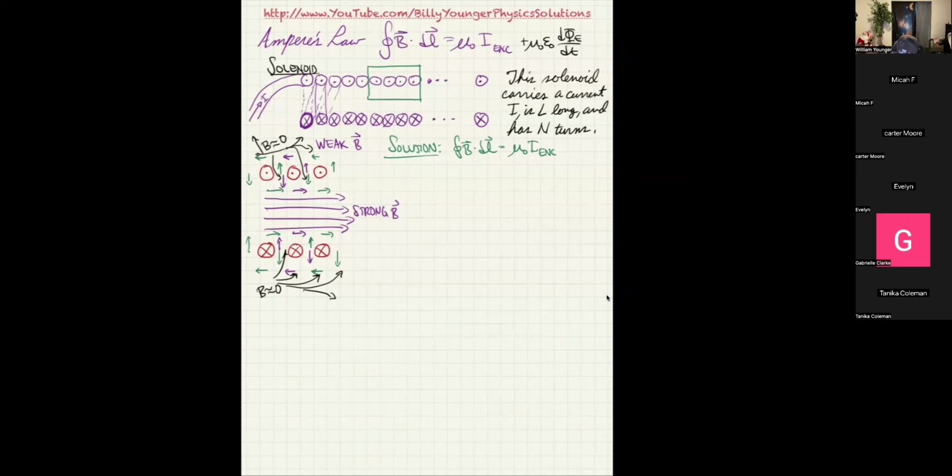Okay, so that's what we're using here. So if we looked at the density of lines, that would be the density of turns, equal to lowercase n, which looks reasonably stacked neatly. So that should be the total number of turns divided by the total length there. Okay, so I'm going to use that as my density of turns, and I'm going to say that this distance from here to here is a lowercase l.